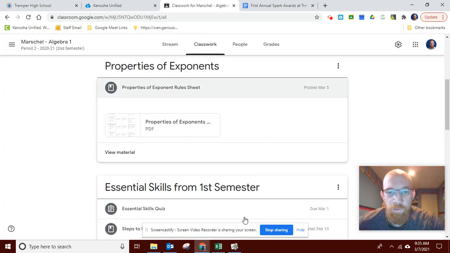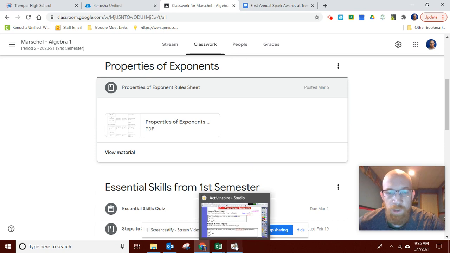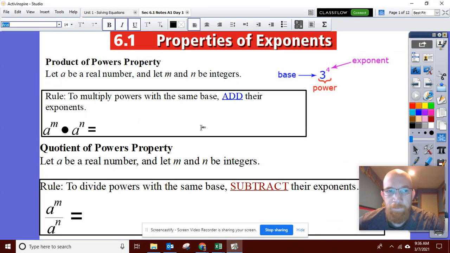All right, so we're going to review really quick some of the ones we've already covered. This says product of powers property. Remember, product means multiply. Whenever we have the same bases and we're multiplying those bases, we add those exponents.